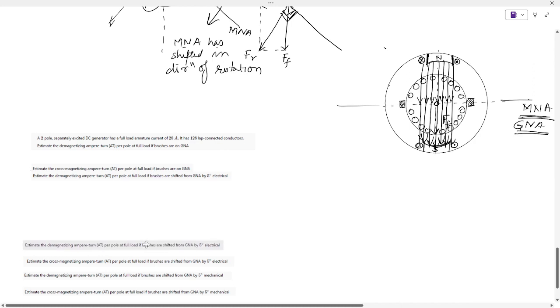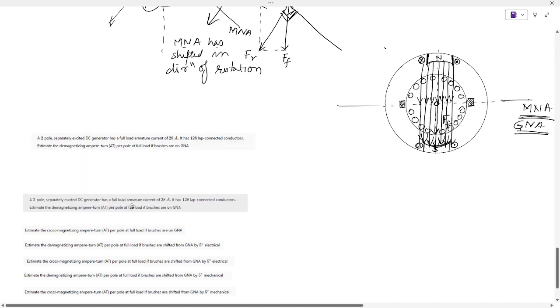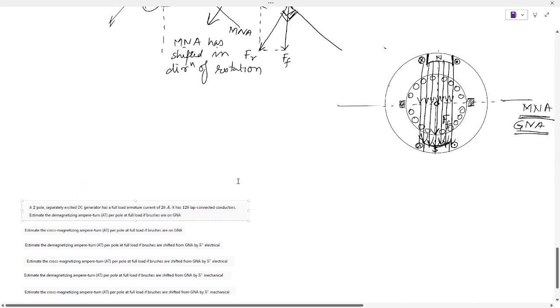Sir, with varying load, the location of the MNA will vary. Yes, exactly. Change of load or mode of operation. Suppose this machine is operating as a generator and you have kept the brushes in a certain position. When it becomes a motor, you need to shift again to another position.